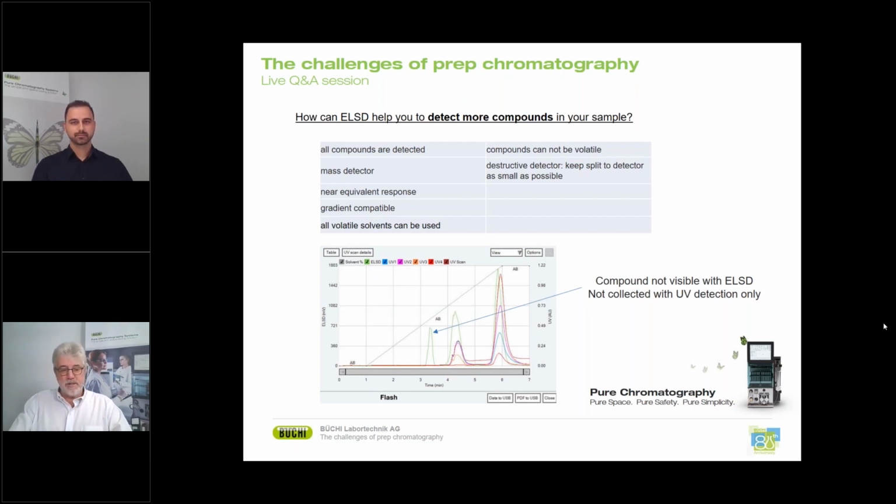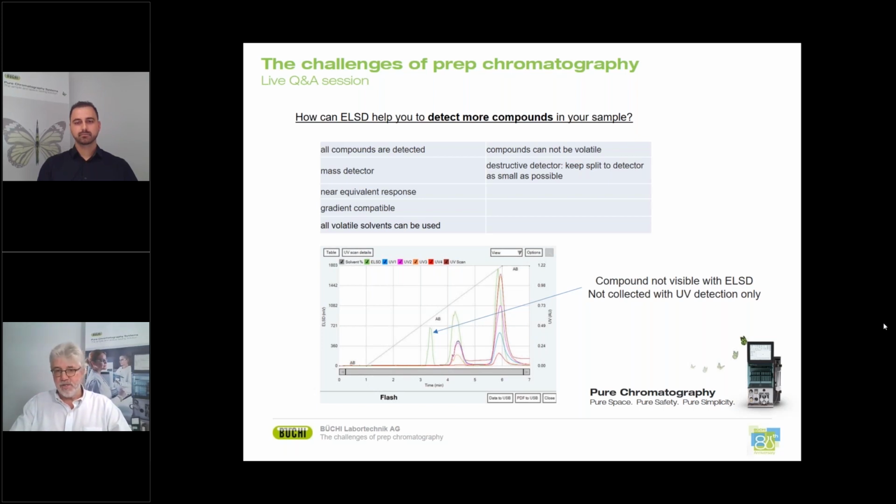But on the other side, on the benefit and feature side, we have a lot of positives. The first one is really, in contrast with what happens on a UV detector, this light scattering detector detects everything. Everything, because the detection depends on the size of the remaining non-volatile droplet or particle, and not what is in that particle.